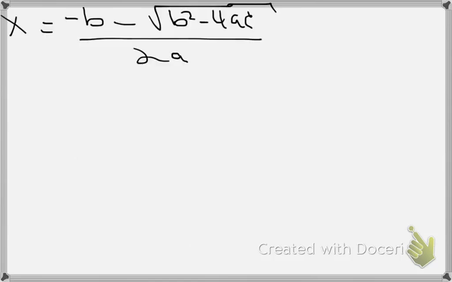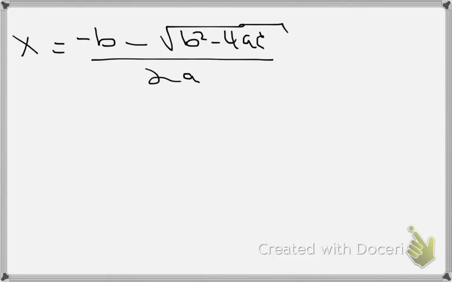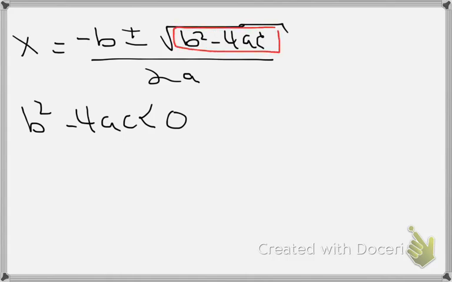Okay, and the last possibility is if b squared minus 4ac is less than 0. In this case, I do have a bit of a problem if I'm talking about real numbers, because again, here's my discriminant, b squared minus 4ac. If that's less than 0, then that means I'll be trying to take the square root of a negative number.